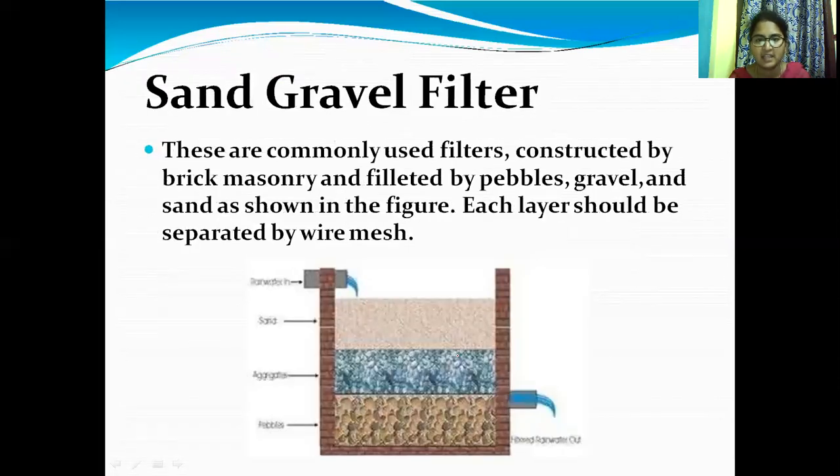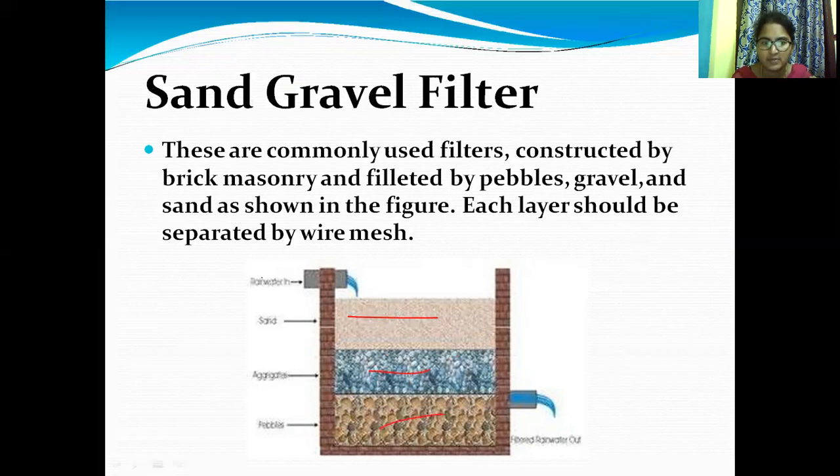And sand gravel filters. This is one type of commonly used filter, constructed of brick masonry. The first layer is sand, the next layer is aggregate, and the third layer we can add is pebbles.